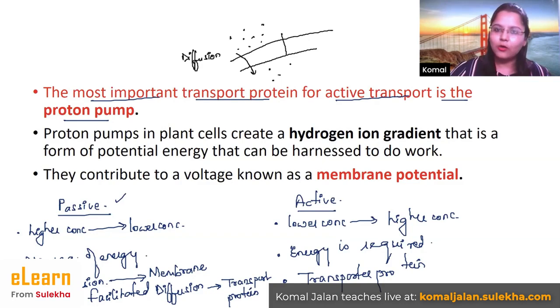Also when it has to travel through a transporter protein, again from higher to lower, this is the higher concentration of a molecule, this is the lower concentration. The structure I have drawn is a plasma membrane, or we can just refer to it as a membrane, and this structure is a transporter protein.